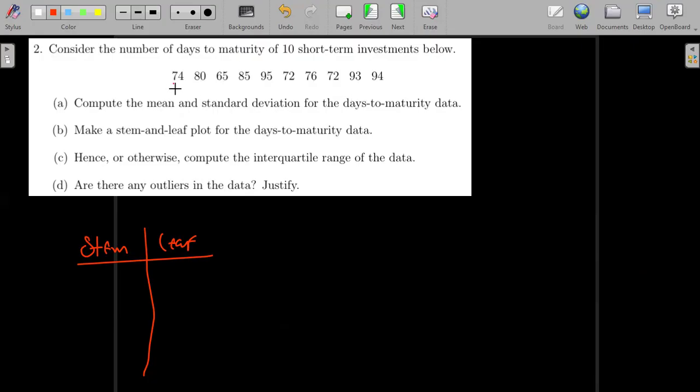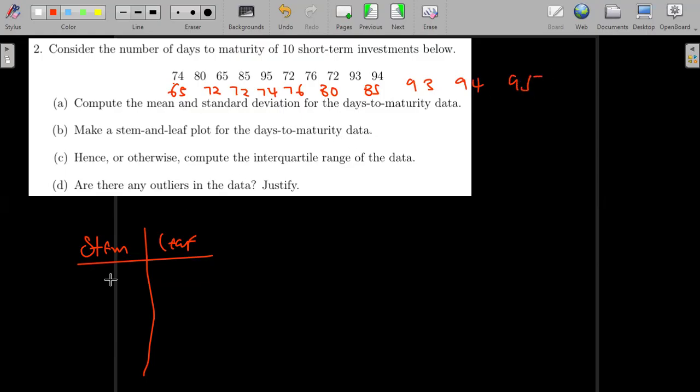So the lowest we can see here is 65. Okay, and then there's 72 and another 72. And then I go to 74, 76. Okay, I'm done with the 70s. I can see 80 and then 85, and then 93, 94, and then 95. So I've organized this data in order.